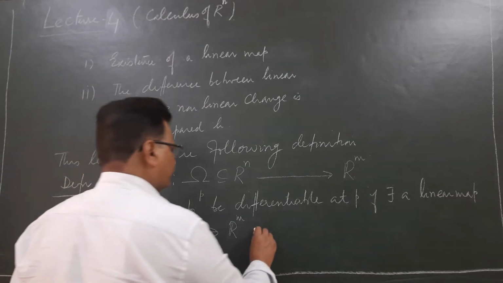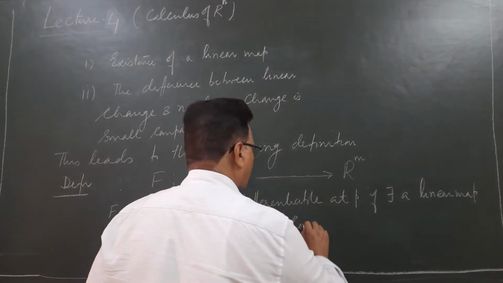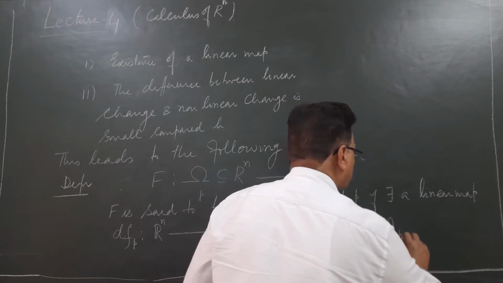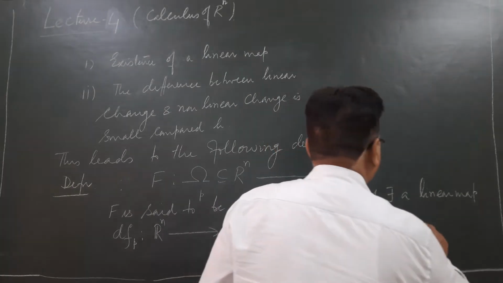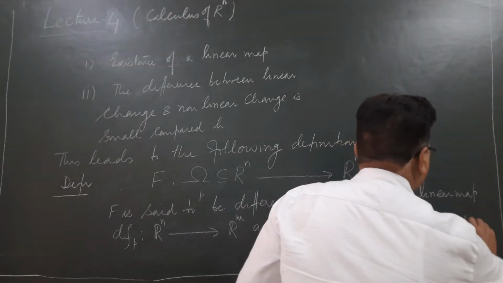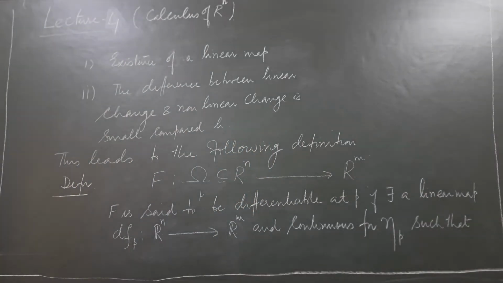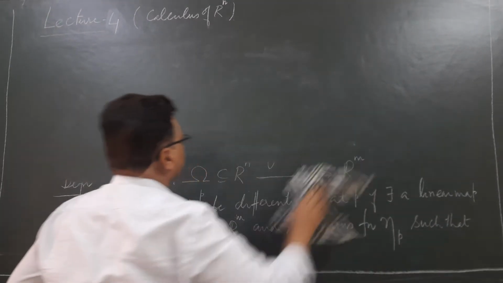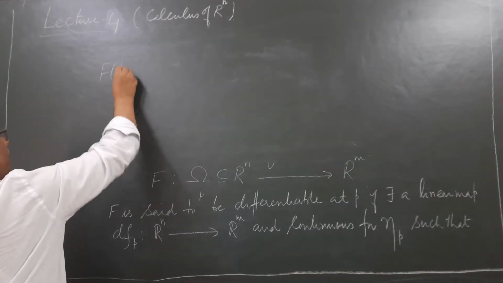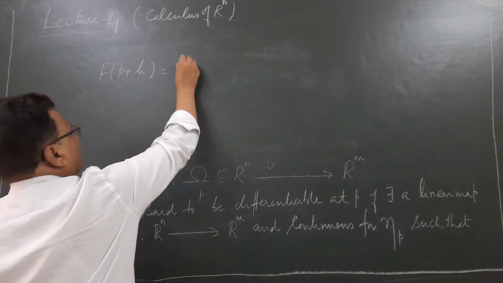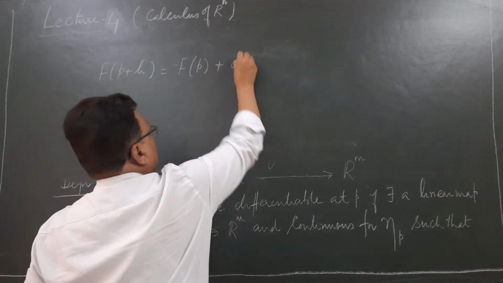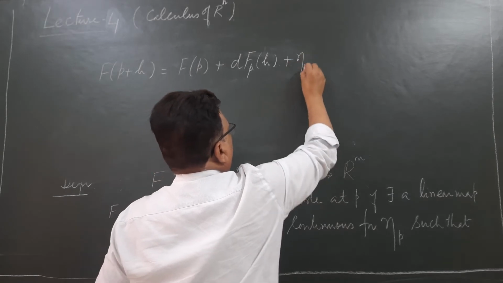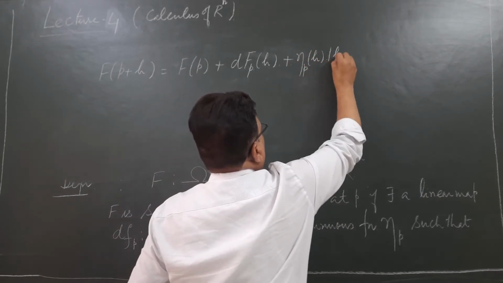And a continuous function eta p such that, the defining condition now I am writing on the top, f of p plus h is equal to f of p plus dfp h plus eta p h into modulus of h.